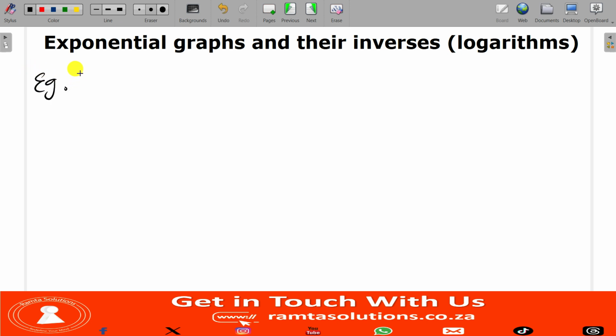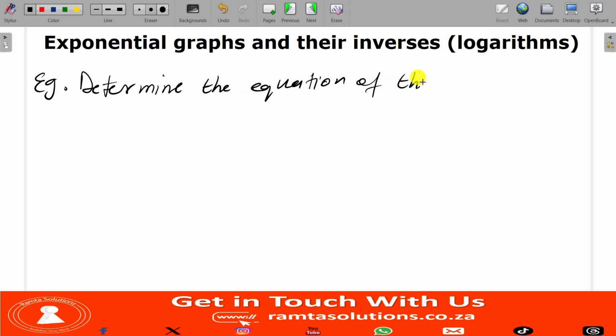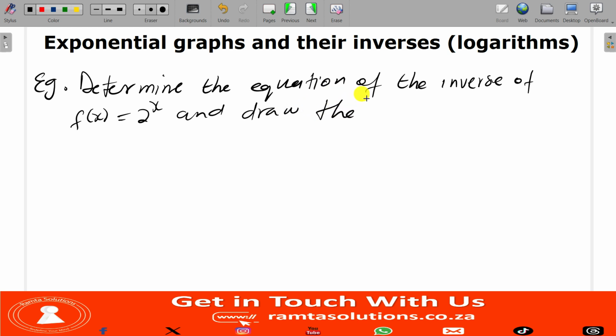Example: determine the equation of the inverse of f of x equals 2 to the x, and draw the sketch of this inverse.